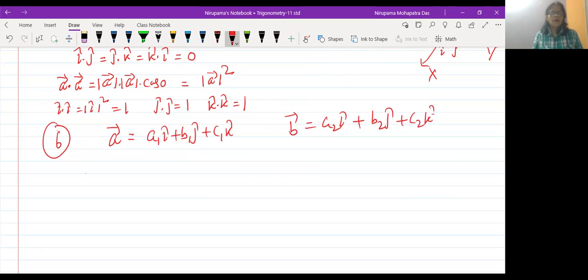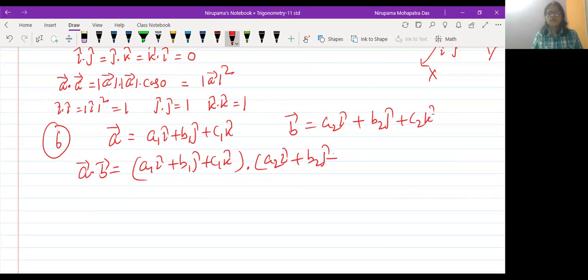Now if I find A dot B, so this is basically A1 i plus B1 j plus C1 k, and we take dot of A2 i plus B2 j plus C2 k.